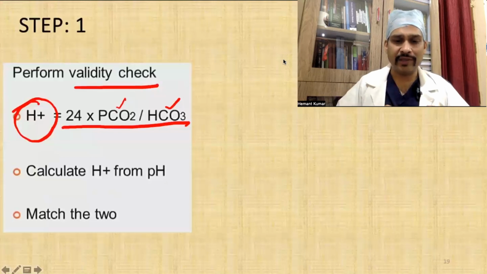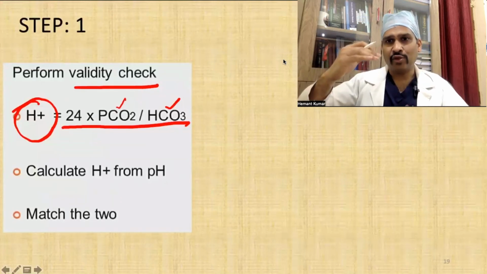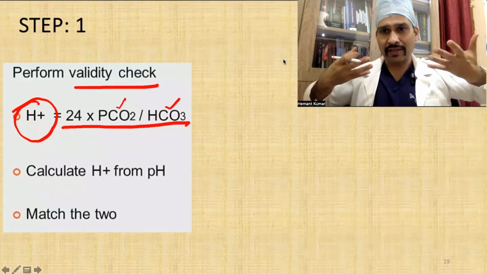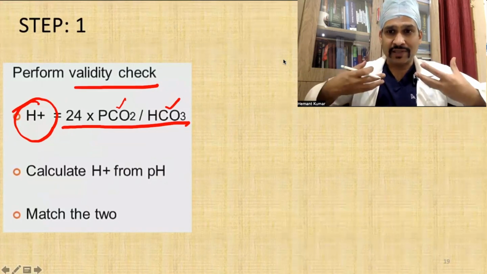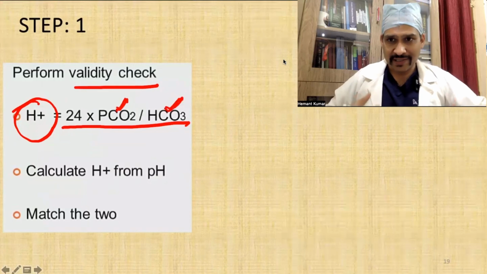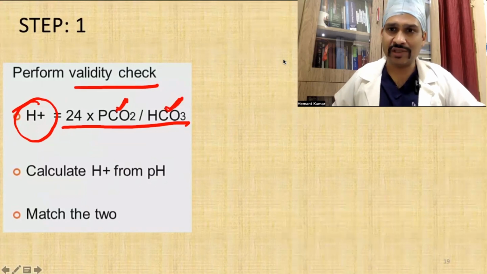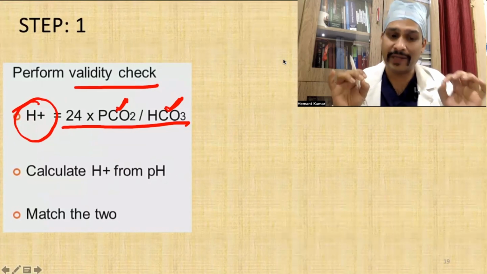PCO2 is the numerator and HCO3 is the denominator. How to remember which is up and which is down? Remember lungs are higher and kidneys lower in the body. Lungs means CO2, so CO2 is above. Bicarb is down because kidney is down in our body. So 24 into PCO2 upon bicarb.